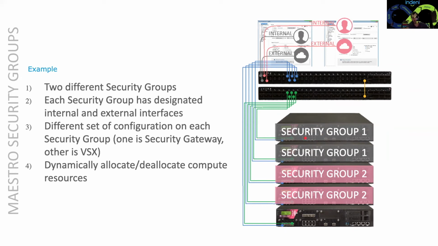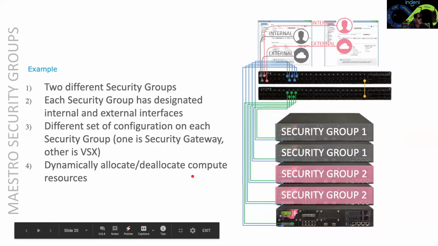Obviously, a version that Maestro supports, but it was started at R80.20 SP, and moving forward from this version, different security groups can use different versions, obviously different configurations, totally independent. VSX, security gateway, the software blades used, have nothing to do with each other. In terms of security, they don't communicate at all with each other.